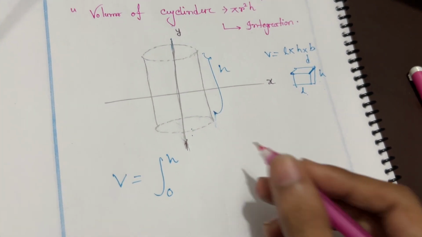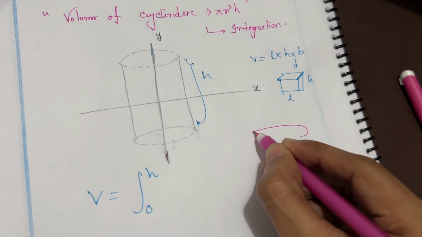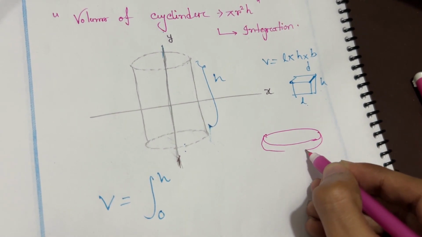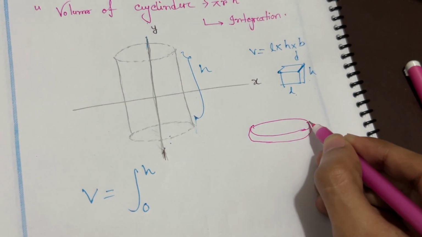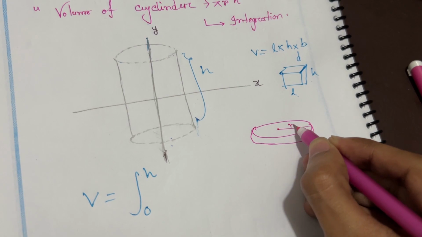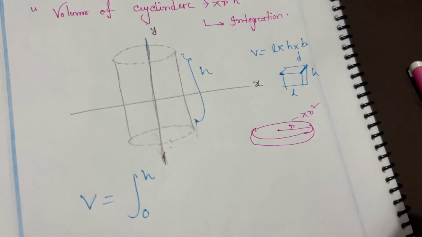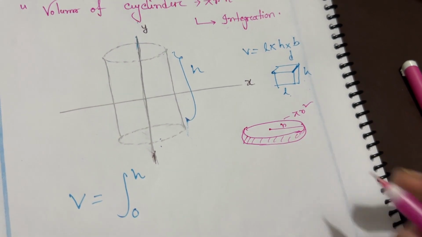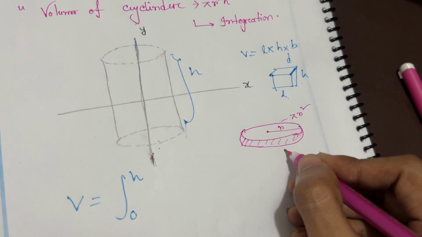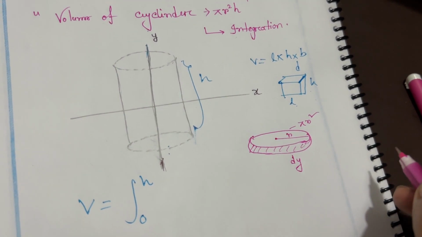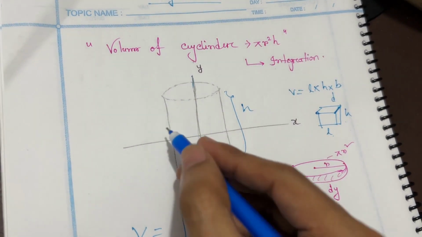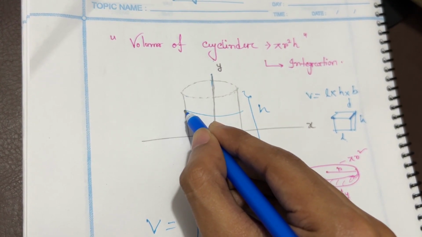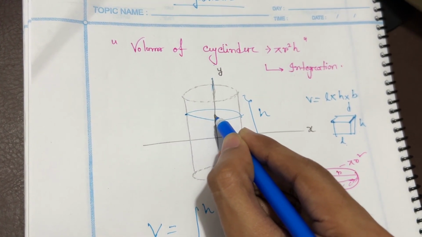Now if we look at a simple circle, this is a slice of this cylinder. So in the upper portion we have pi r squared h. It has its radius r, and its area is pi r squared.